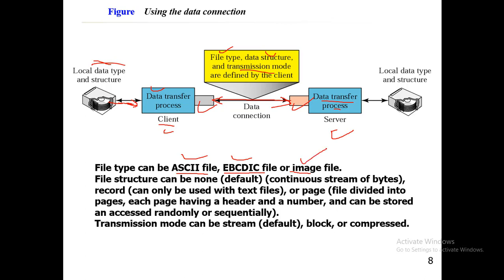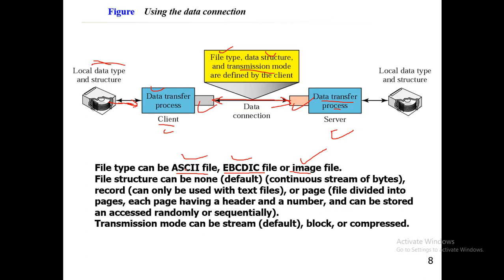This image file is converted into pixels, and then the pixels are stored in a different format in the memory. So the file type can be any of those. The user, or the client, can pick any file type.